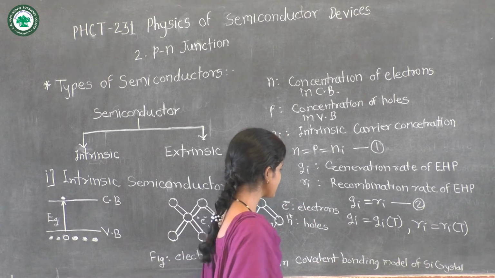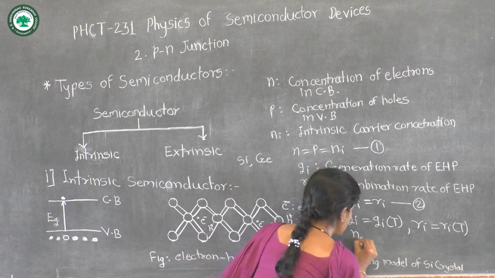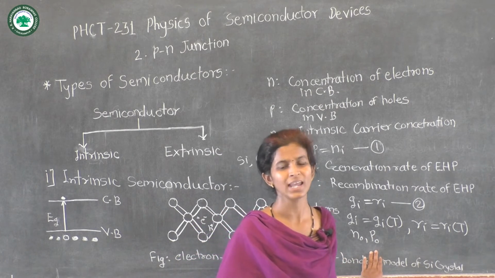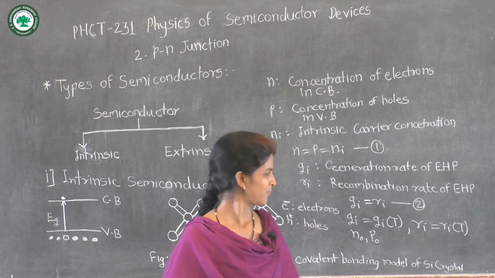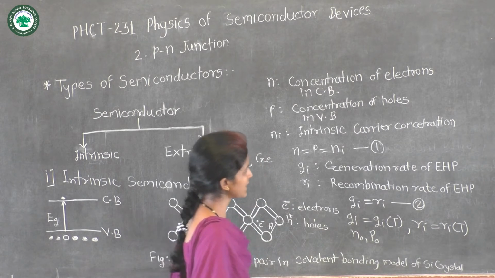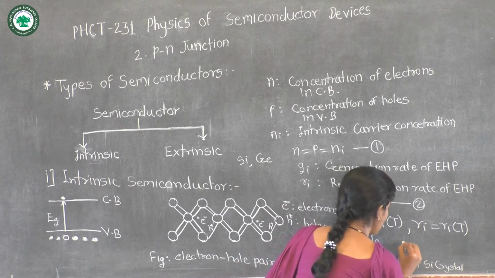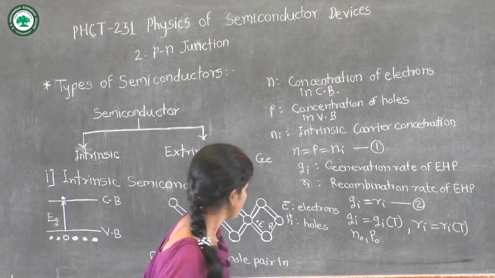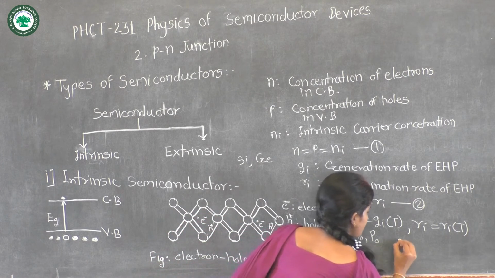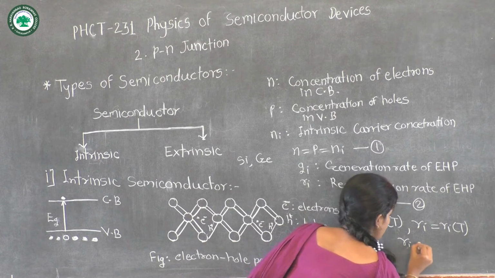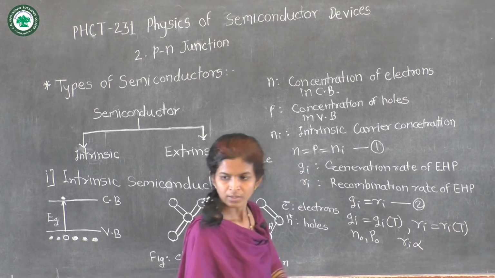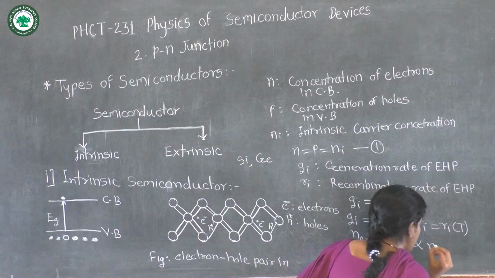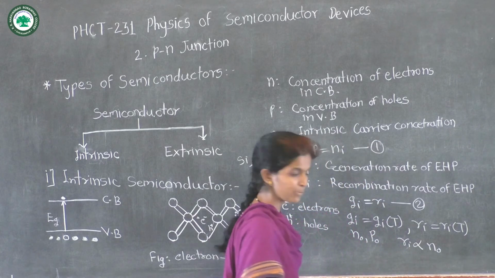Let's consider N0 and P0 to be the electron concentration and hole concentration at thermal equilibrium. Then the recombination rate, which is denoted by Ri, will be proportional to N0, that is the electron concentration at thermal equilibrium.